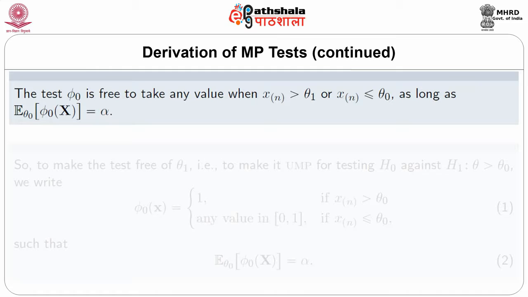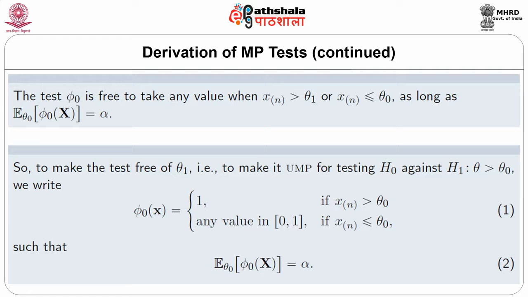The test phi naught is free to take any value when x order n is greater than theta 1 or x order n is less than or equal to theta naught, because here p theta 1 and k p theta naught are the same. So, make the test free of theta 1.